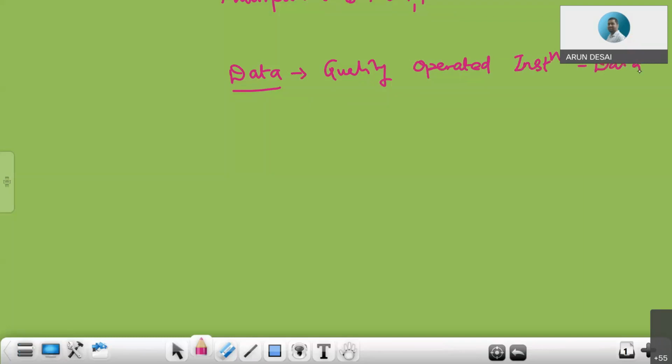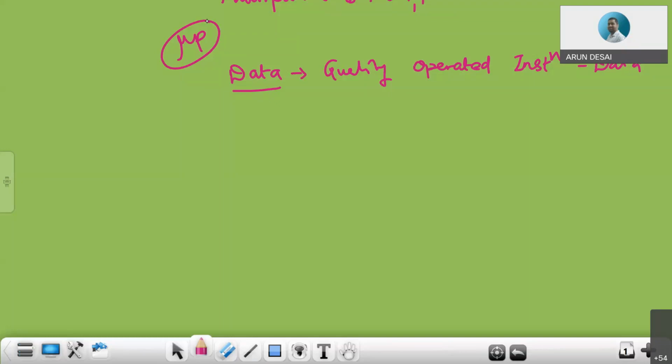The quantity of binary codes or binary numbers that is operated by an instruction is referred to as data. We are in the microprocessor context.